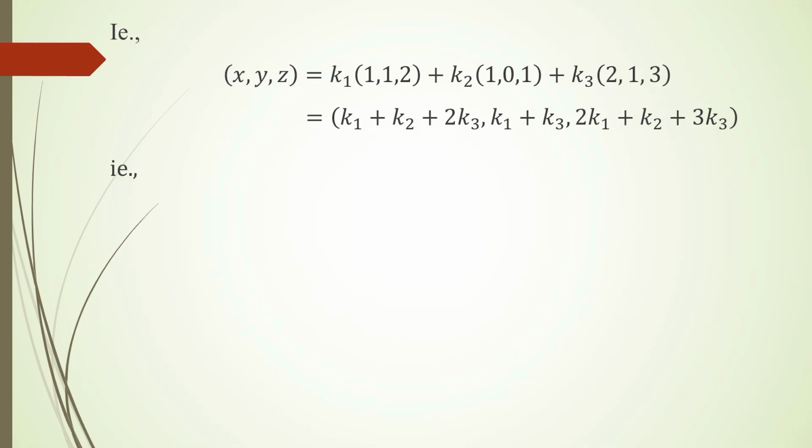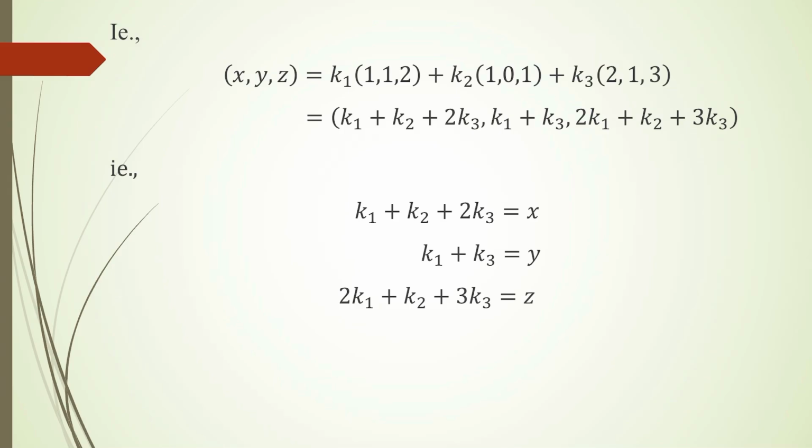So actually we are getting three linear equations here. Comparing the first coordinates, I get k1 plus k2 plus 2k3 equal to x. From the second coordinates, k1 plus k3 equal to y. And from the third coordinate, 2k1 plus k2 plus 3k3 equal to z.